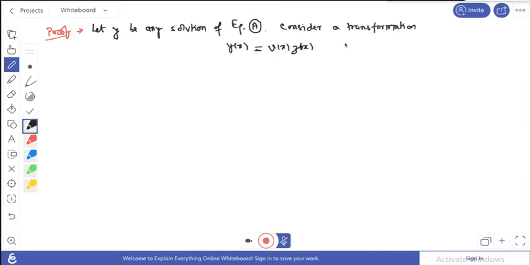Suppose this transformation where x is greater than or equal to 0, and suppose this is equation number C.